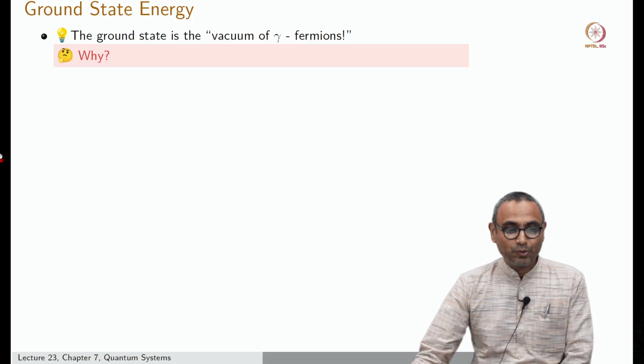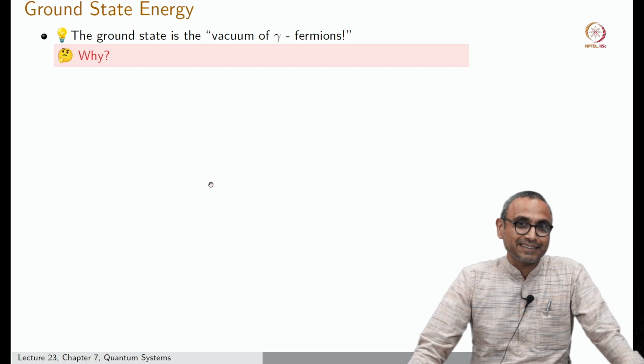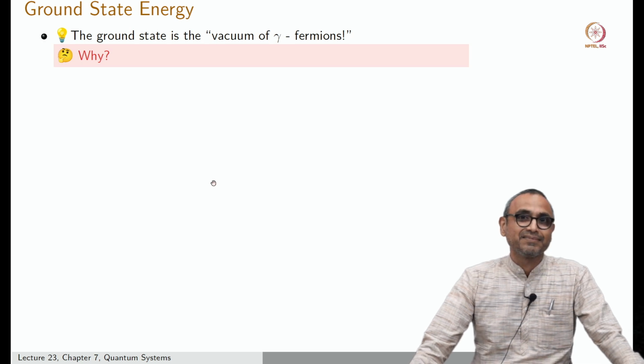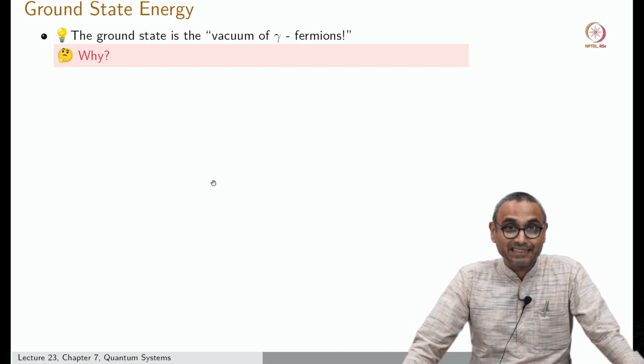So why is that true? Okay, a hint is you look at the fact that E of K is never negative, and a fermionic ground state is the set of all occupied non-positive energy states. They will get occupied. That's the statement.